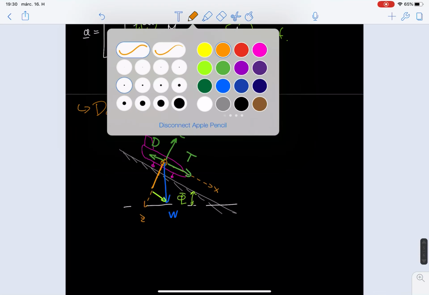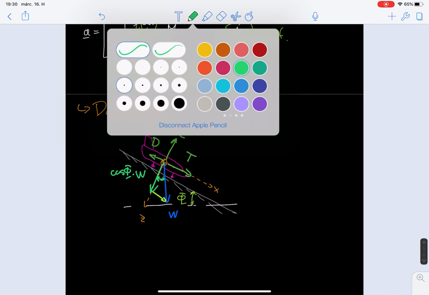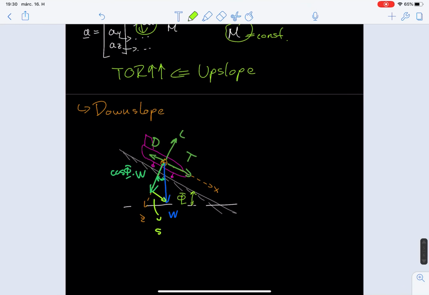Let's use this color. So this one would be the cosine phi times the weight. This one below, this one would be the sine phi times the weight.